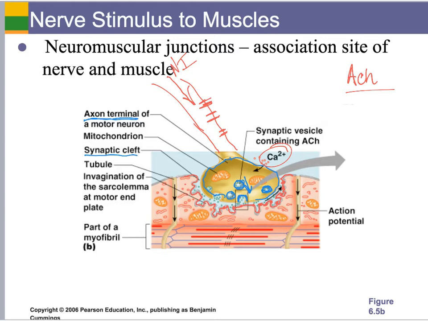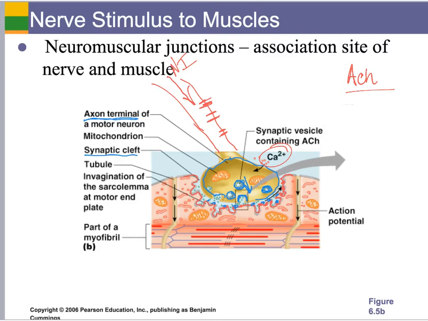And when it fuses there, it's going to open up through exocytosis. It releases those molecules of acetylcholine, or ACH, and they travel across the synapse, and they bind to their receptors on the sarcolemma.